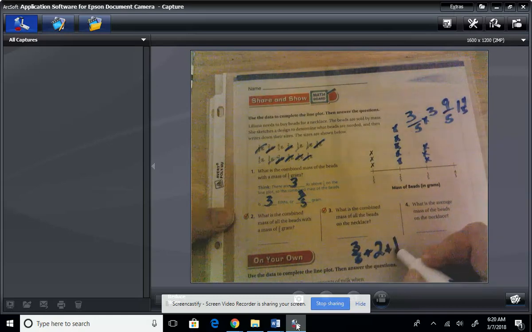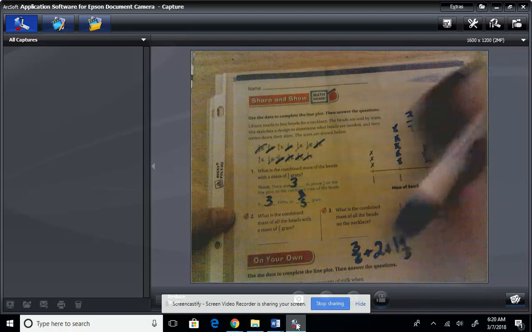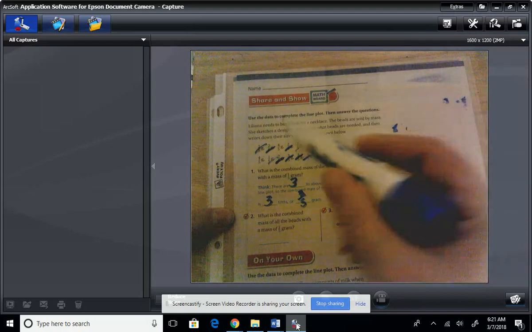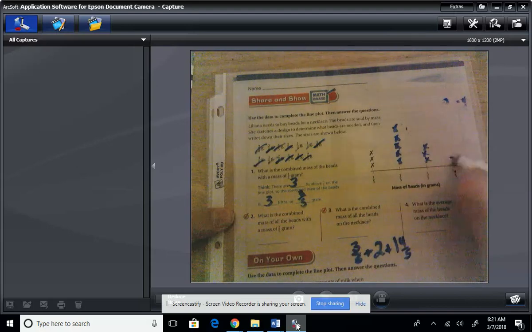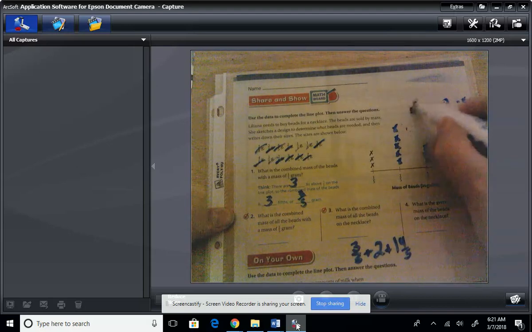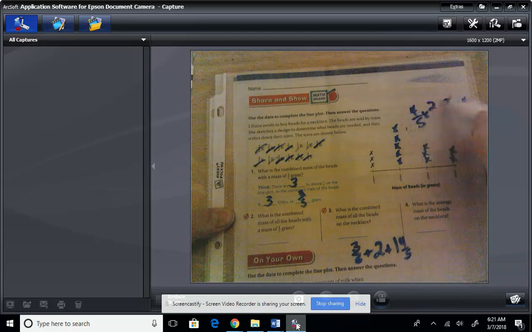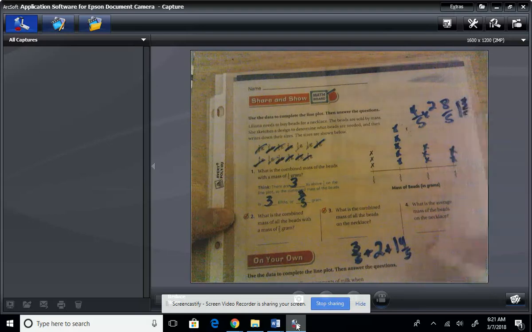So plus 1 and 4 fifths. Okay, and the last one we have 4 fifths. We got 1, 2 of them. So 4 fifths times 2 equals 8 fifths. 5 goes into 8 one time with 3 fifths left over, 1 and 3 fifths.